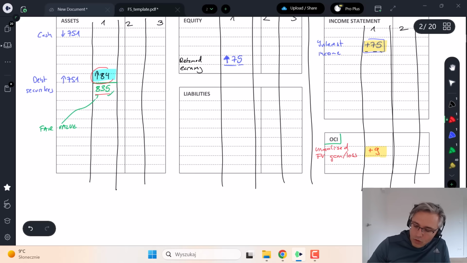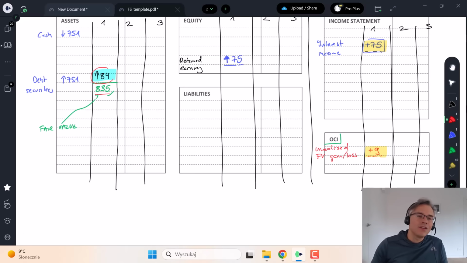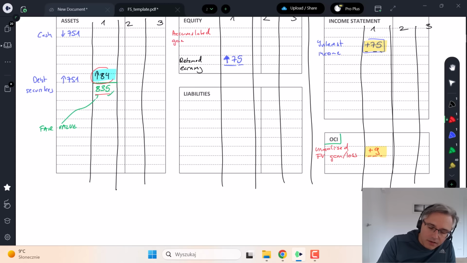Now, what passes via OCI is not transferred to retained earnings. You can't pay a dividend out of it. It goes to some special line within equity. Different companies call this different names, but it could be accumulated OCI gains or losses, something like this. And here we will have a positive 9.